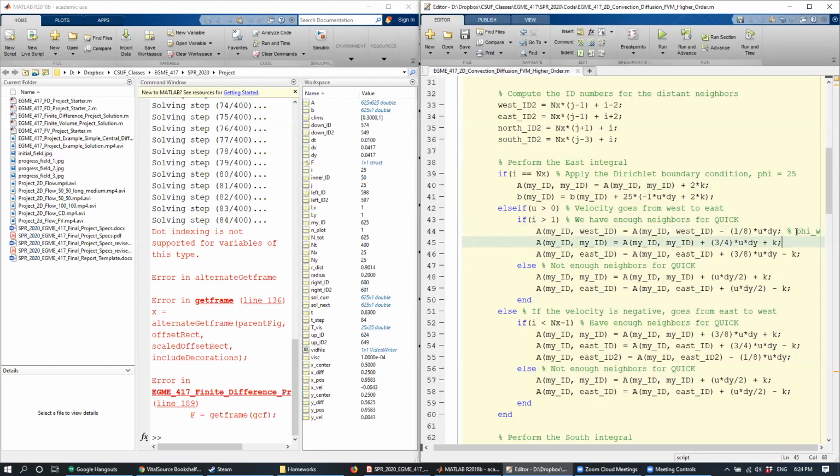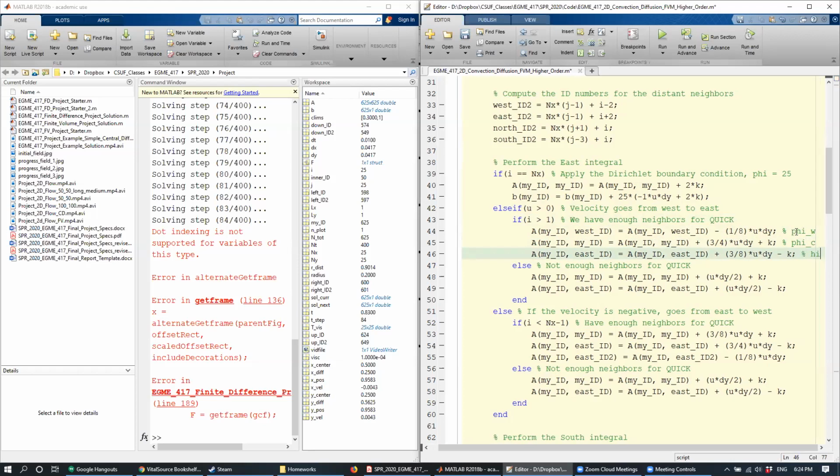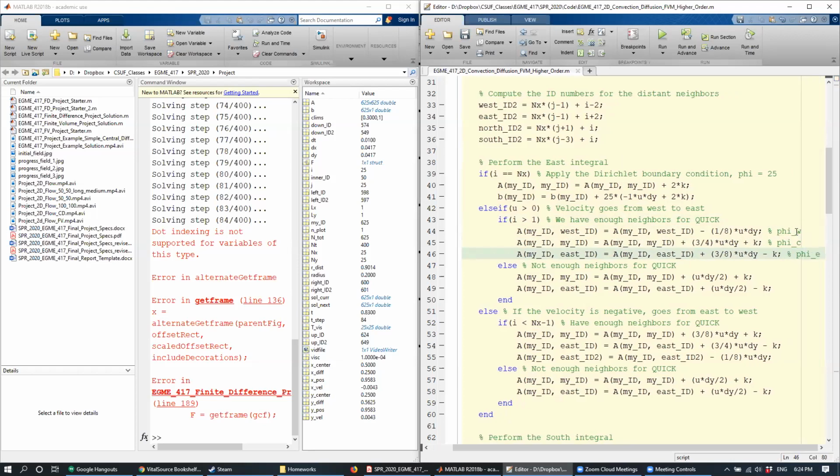Next we have my ID, which is the same as before, so this is phi sub C. And then we have A at my ID, east ID, so this is phi E. These should be capital. So that's if we have enough neighbors.